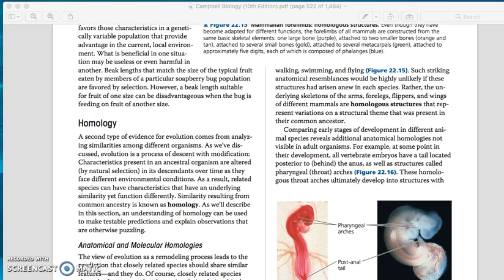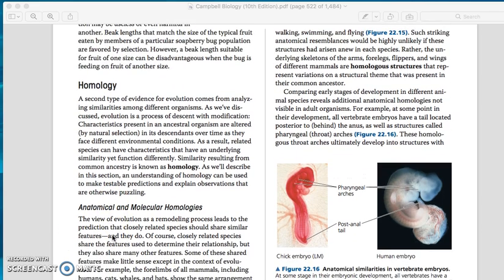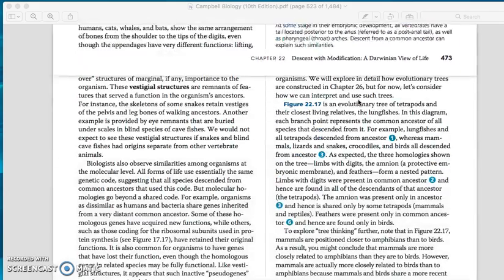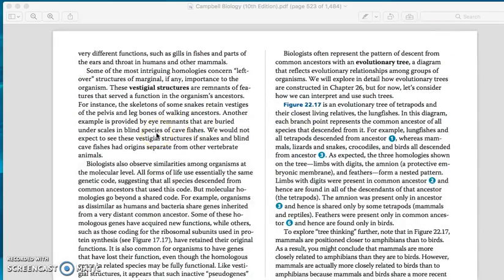Figure 22.16. Looking at the figure, I understand that individuals can be homologous and have homologous structures, even though the structure may not exist anymore. These homologous throat arches ultimately develop into structures with very different functions, such as gills in fishes and parts of the ears and throat in humans and other mammals.